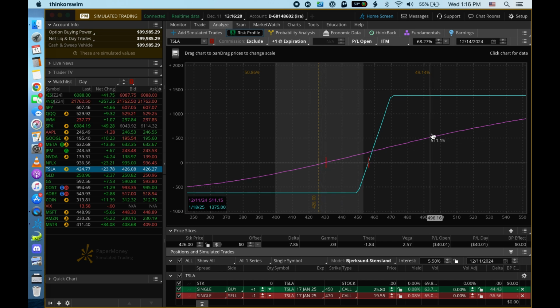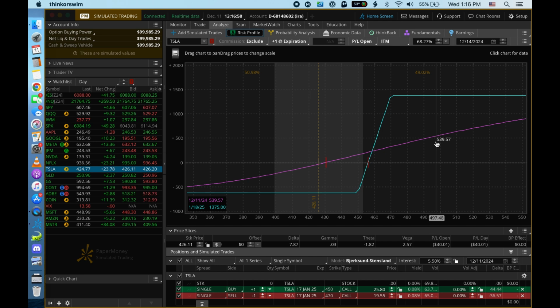So on the other side, our maximum profit is about 1400, and we get this number by taking the width of the spread, which is $20. We multiply that by 100 shares. So we get a maximum potential profit of 2000. But we have to subtract the cost of the spread, which is 625. So we get a maximum potential profit of 1375.